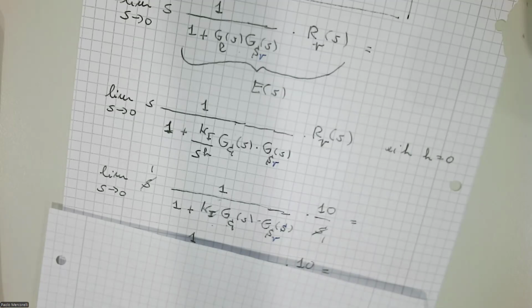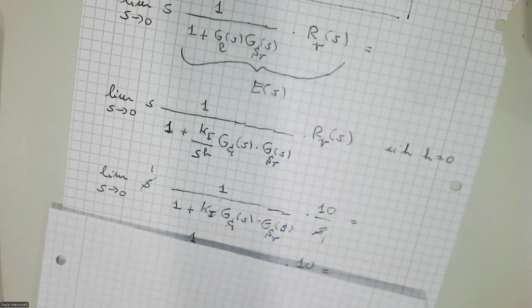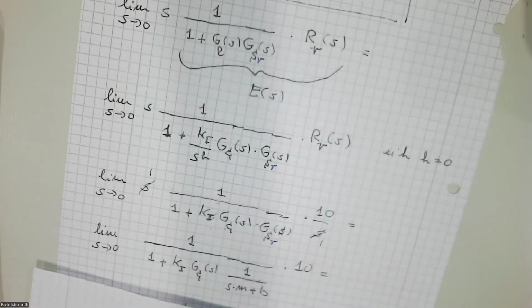In any case, I think there is also a table where I put what you need, because if you don't remember, this does not mean that you are not able to do the exercise. I will put in any case the Laplace transform of the signal which we have to consider.